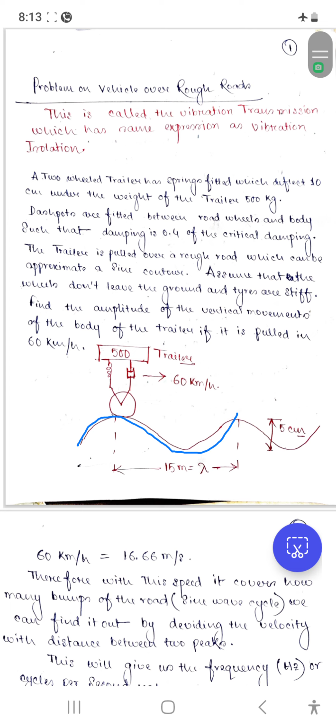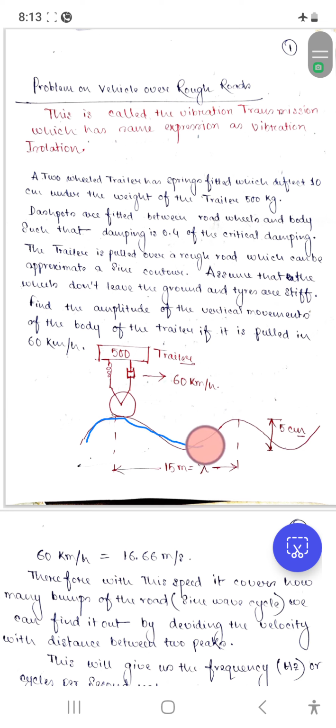Now if I draw a dotted line about the mean point, from this top peak to this bottom peak we can see that this is 5 centimeters. So the amplitude of each peak will be 5 by 2, 2.5 centimeter. Now this is the sine wave, and this is one cycle.